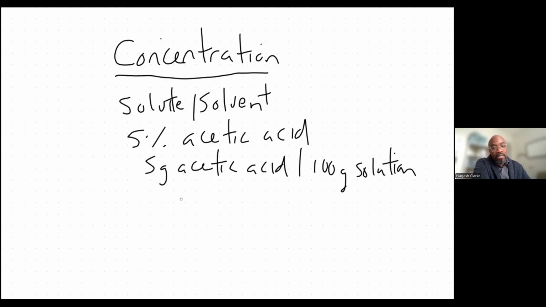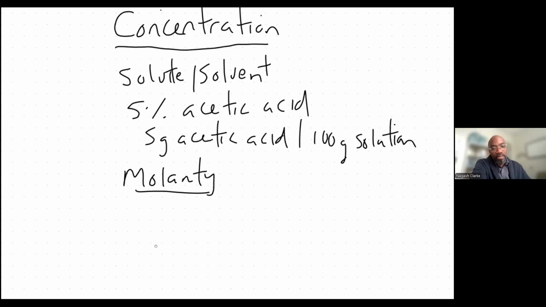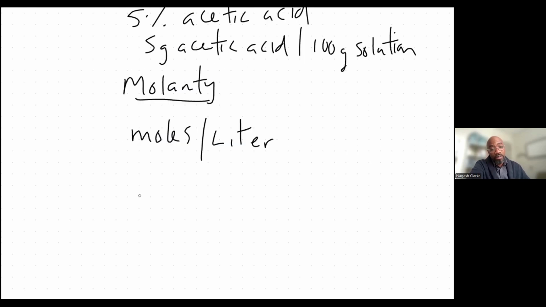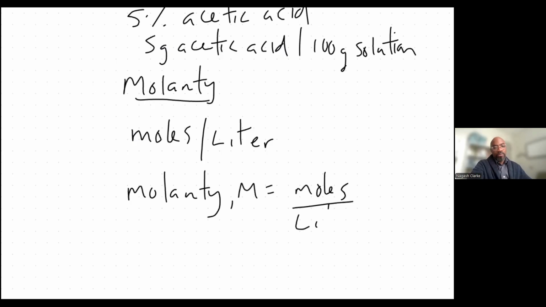But we're going to focus on molarity. Molarity means moles per liter, so we can look at it as a formula. Molarity, or M, is equal to moles over liters.